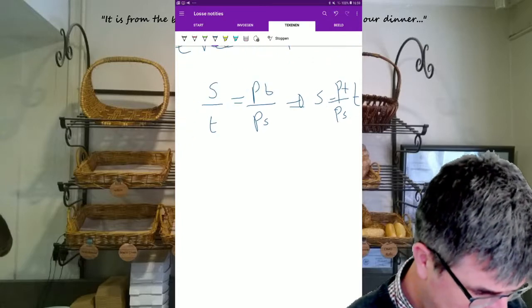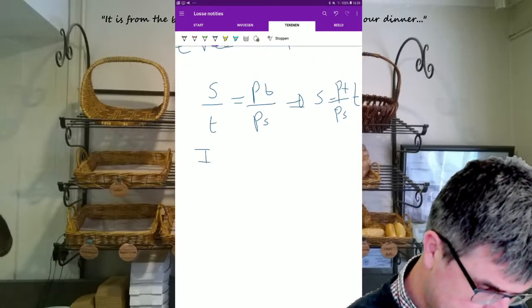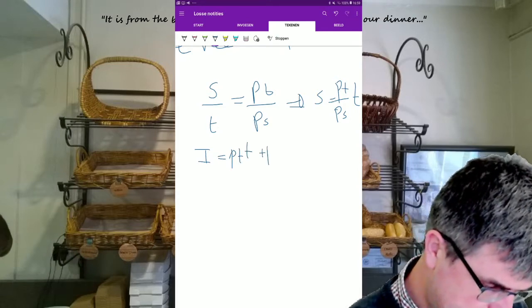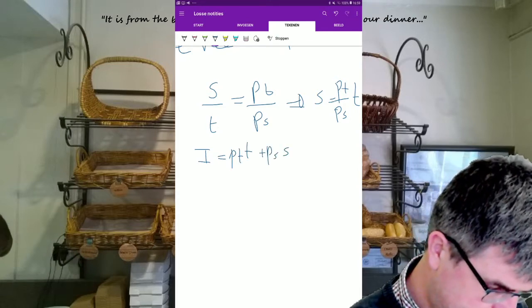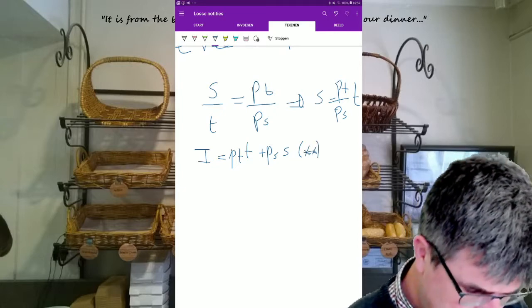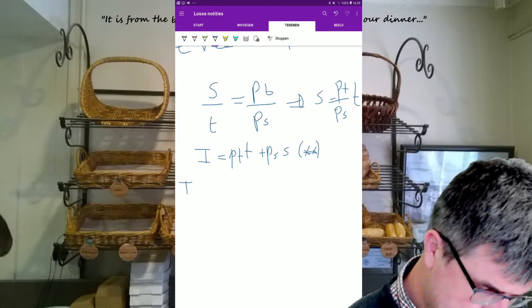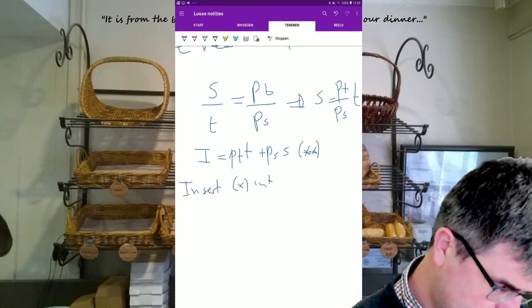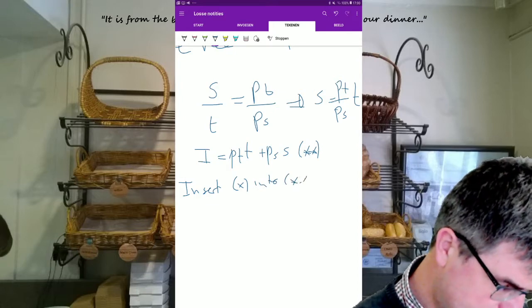And we also have the budget constraint. So our income needs to be spent on Twinkies and on soda. That gives us the second expression. And now we insert the first one into the second.